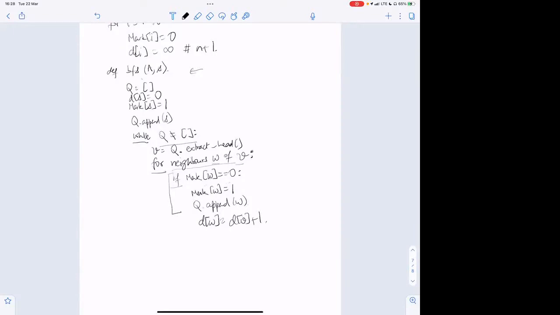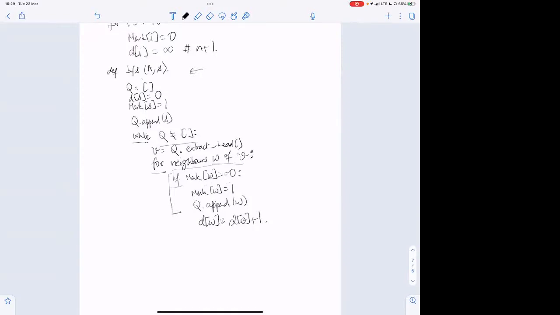And I claim now at the end of this, the D array will be populated with the distances from S, which are finite if that vertex is reachable from S, and they are infinite if it's not reachable. You see why? No, sir. Huh?